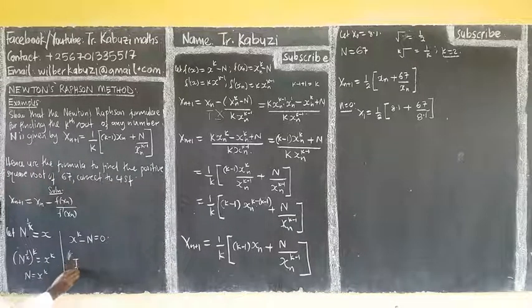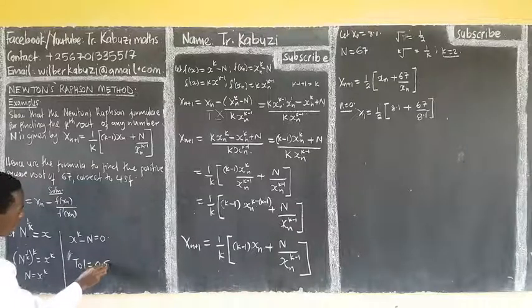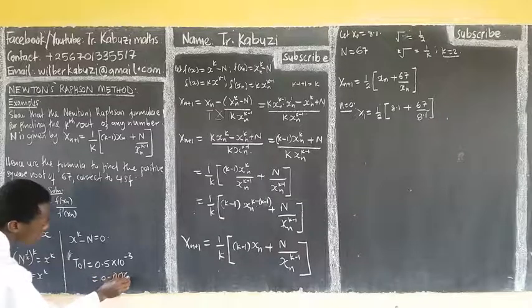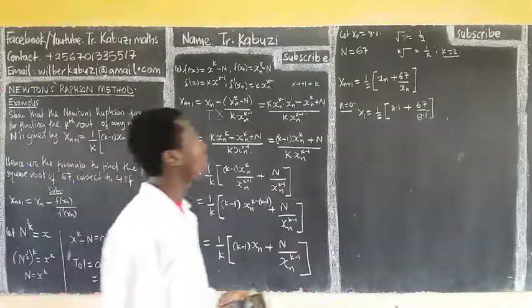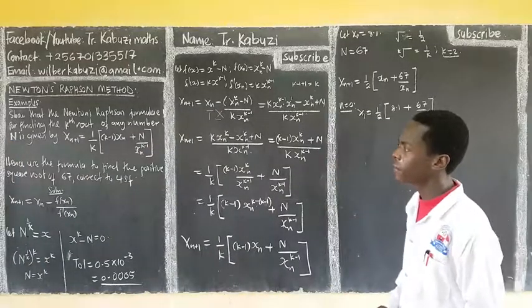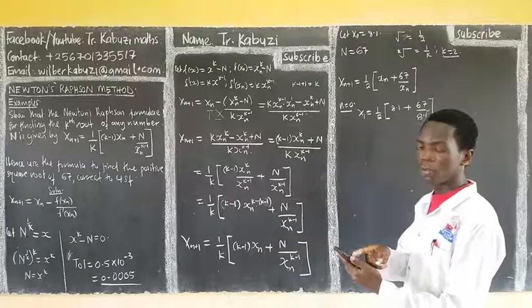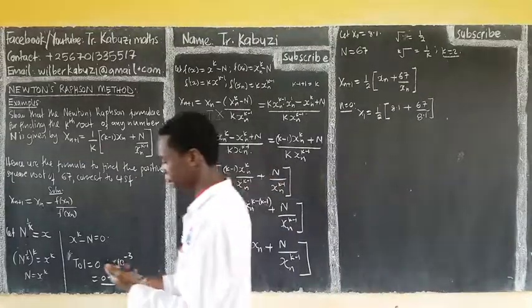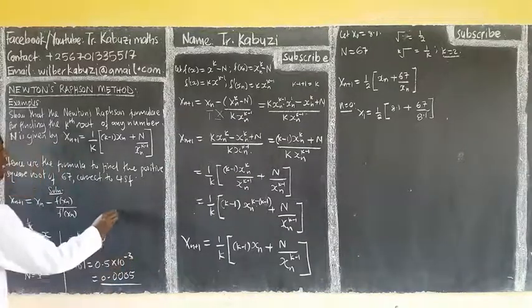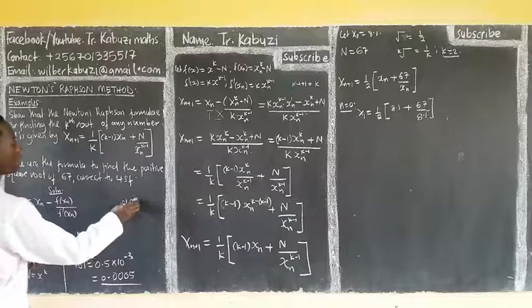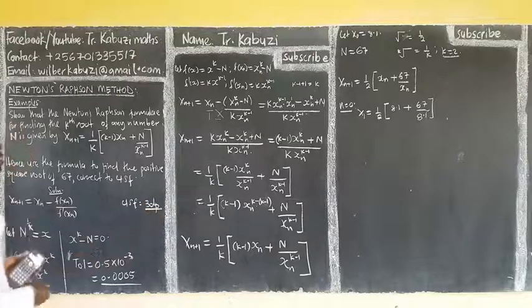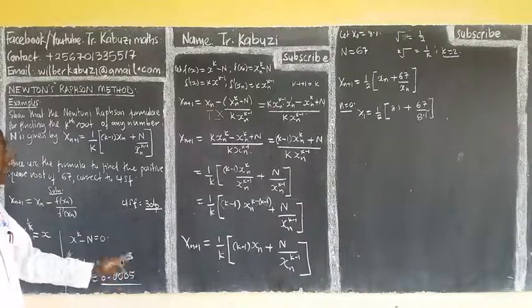Our tolerance is going to be 0.5 times 10 to the power negative 3, so our tolerance is 0.0005. They say 4 significant figures, and when you get the square root, it's 8 point something, so there will be 3 decimal places. That's why I'm having my n as 3.